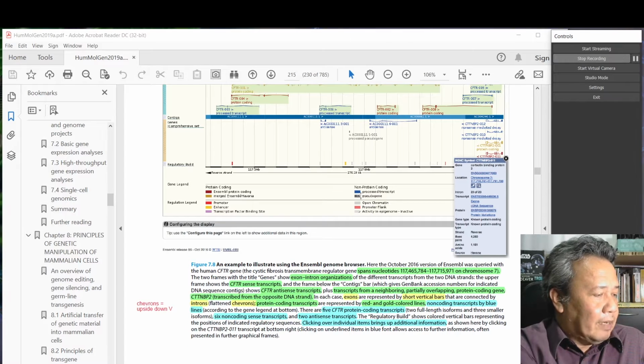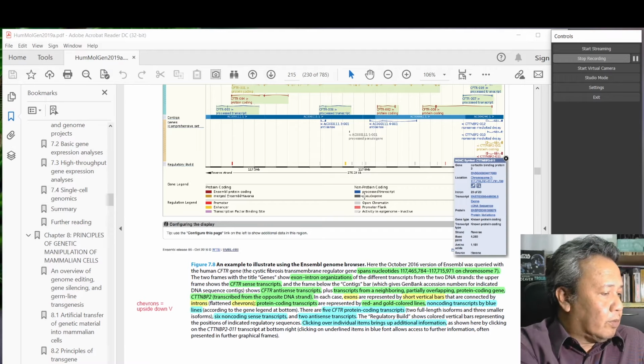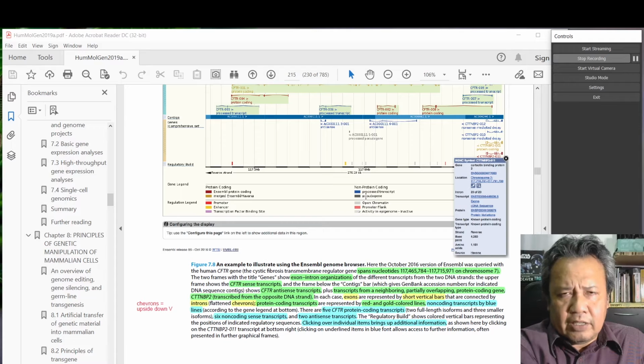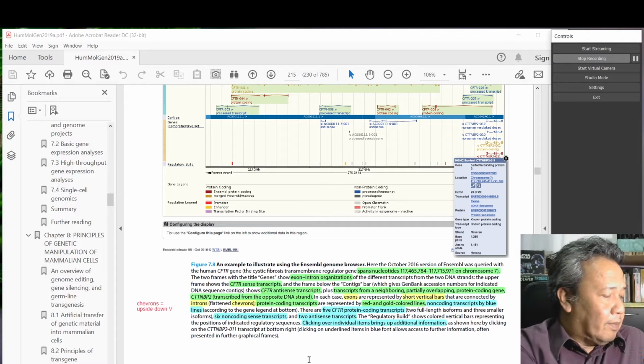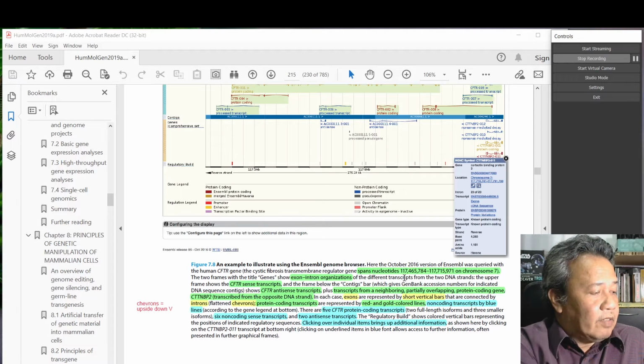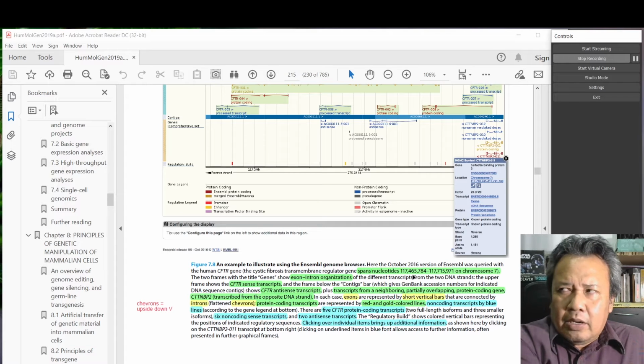It says here, for example, this is the human chromosome 7, if I'm not mistaken. It's got the CFTR, the cystic fibrosis transmembrane regulator gene, and it spans 117465784. What number is that? This is the number.